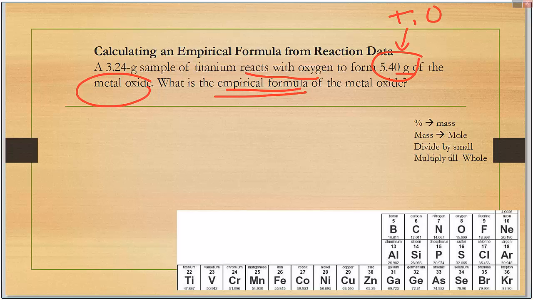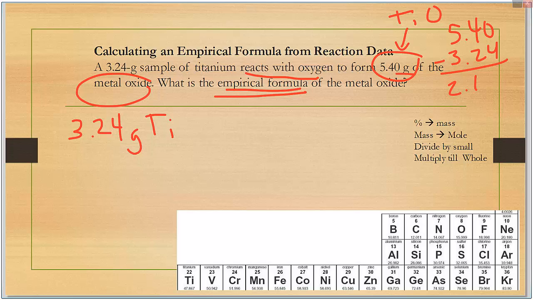So we know we have 3.24 grams of titanium. We do 5.40 minus 3.24 to figure out how much oxygen is there. And that comes out to be 2.16. Now we're going to convert them to moles. So we figured out the masses of each.